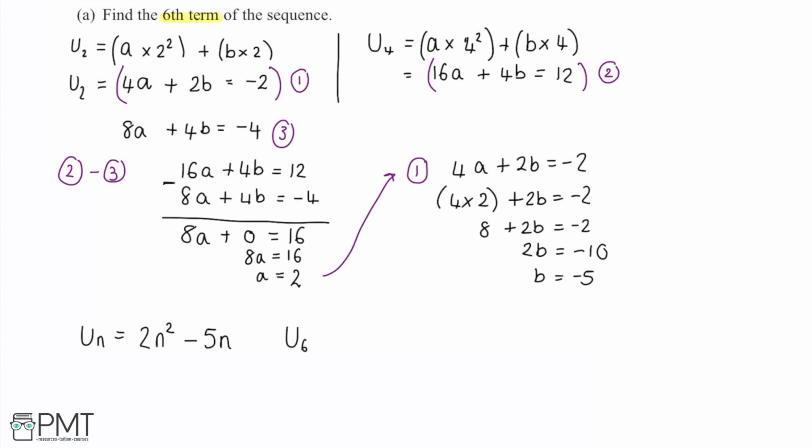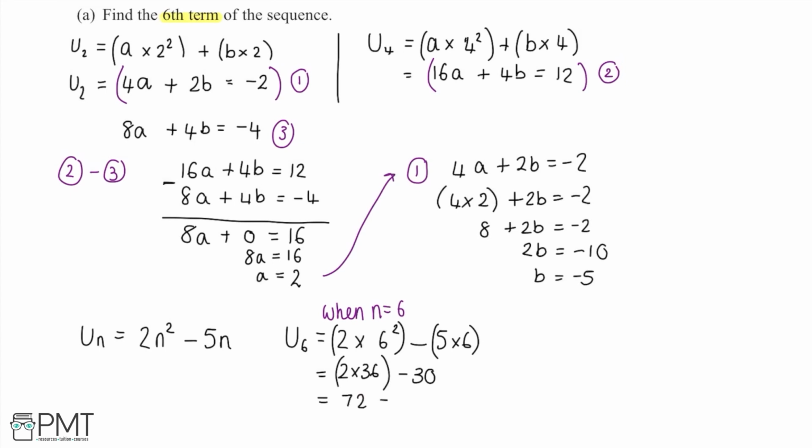So u6, that's when n is equal to 6. So we have 2 times 6 squared minus 5 times 6, and we can just put brackets around those. So that's 2 times 36 minus 30, and that takes us to 72 minus 30, which gives us an answer of 42 here.